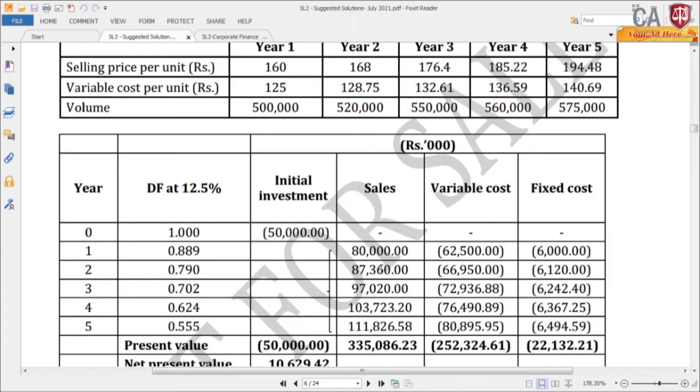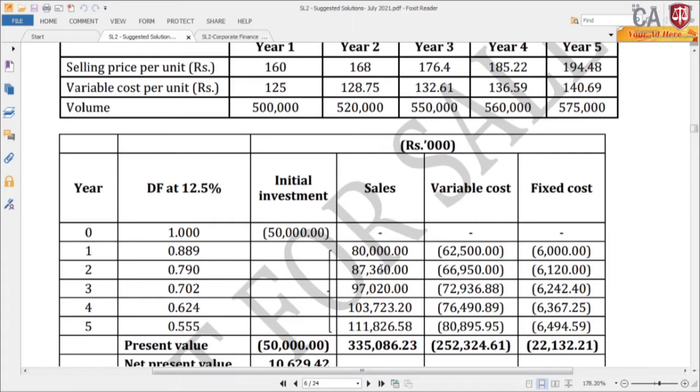Then the fixed cost, as I mentioned, starts from year 1 at 6 million, and the 2% increase happens from the second year. So they have given you 6 million for year 1, 6.120 for the second year, and it goes up like that.